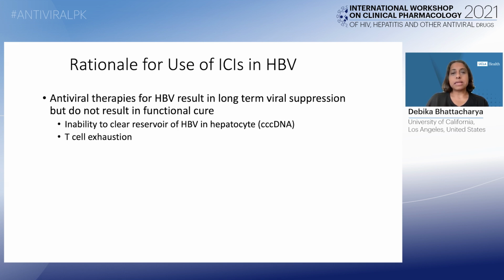And the inability to attain HBV cure is related to two main things, we think. One is the inability to clear the reservoir of hepatitis B in the hepatocyte, and that is through the establishment of a latent reservoir called cccDNA, or covalently closed circular DNA, and also T cell exhaustion.